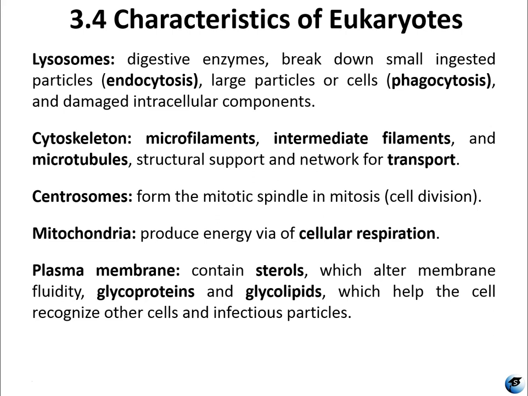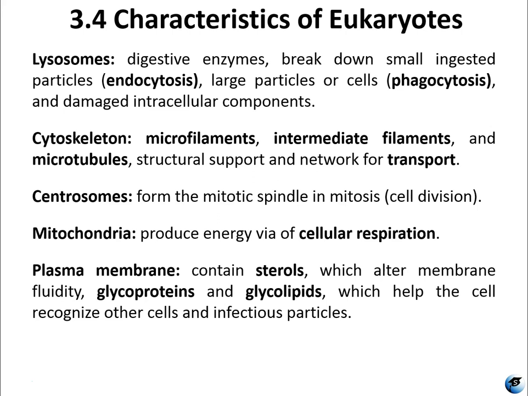Lysosomes, that's where the digestive enzymes are made. So they break down ingested particles via endocytosis, and they break down larger particles using phagocytosis. And lysosomes also break down any kind of intracellular components that have been damaged.